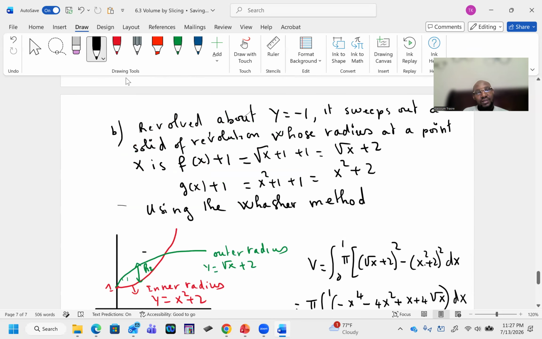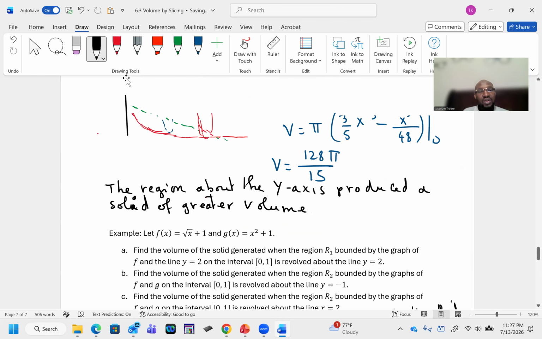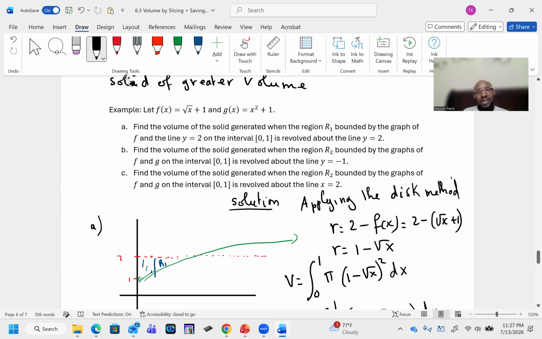Okay? And then C, which is the last one: find the volume of the solid generated when the region R2 bounded by the graph of f and g on the interval 0, 1 is revolved about the line x is equal to 2. So that's when we have to find the inverse. We have done this one also, right?